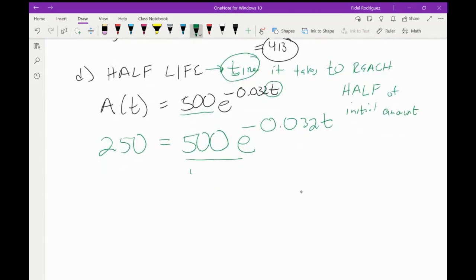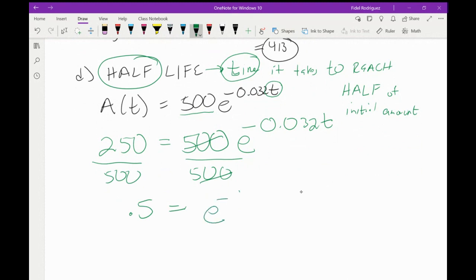The first thing I'm going to do, y'all, is divide everything by 500. So this is going to be 0.5. Guys, think about what 0.5 is. 0.5 is the same thing as half, okay? e to the negative 0.032 with a t.